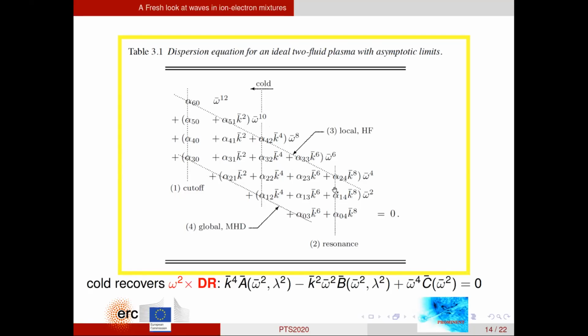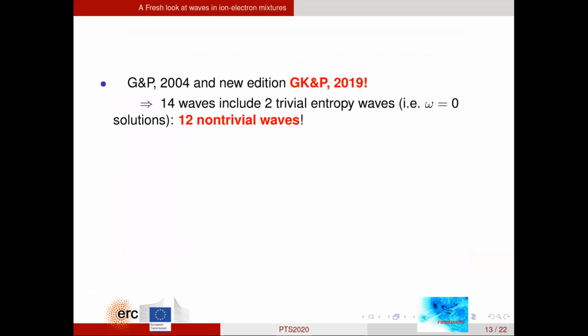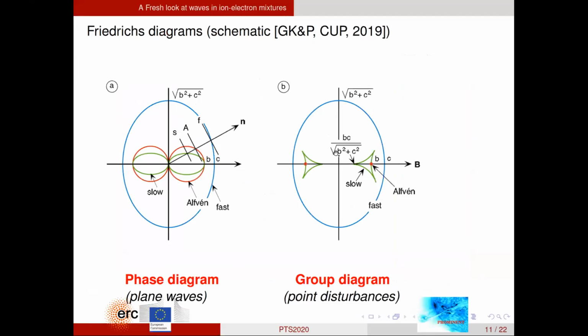So indeed, here, this is the textbook treatment where we have a uniform medium. And also this thing here is, of course, the Friedrichs diagram for a uniform medium. But in fact, in our book and in many other places, you know that even magnetohydrodynamic waves behave very intricately if you start to look at them in non-homogeneous medium.